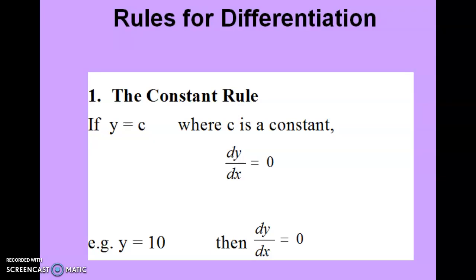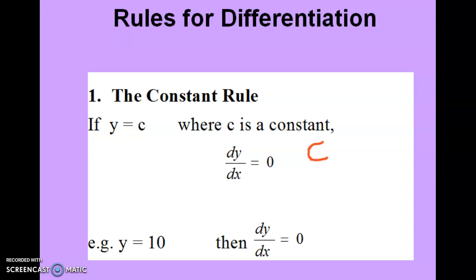Remember, let's say we have a constant, let's say c, like in this case. Think of every term as a term that contains an x. We know how to differentiate x to the power n, but here we don't have an x.